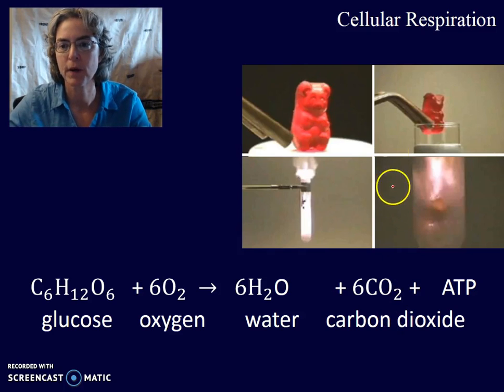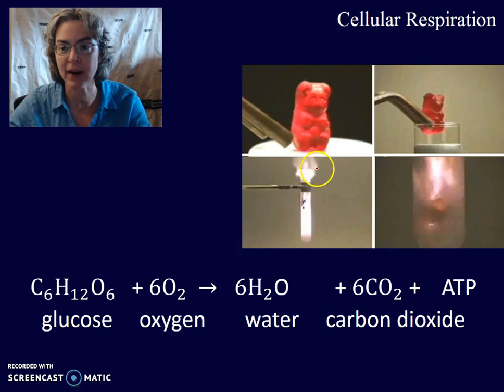So if you were to take sugar in the form of this gummy bear, and in the presence of oxygen and heat as an activation energy to break up the glucose molecule, you will get your products, you will get water.